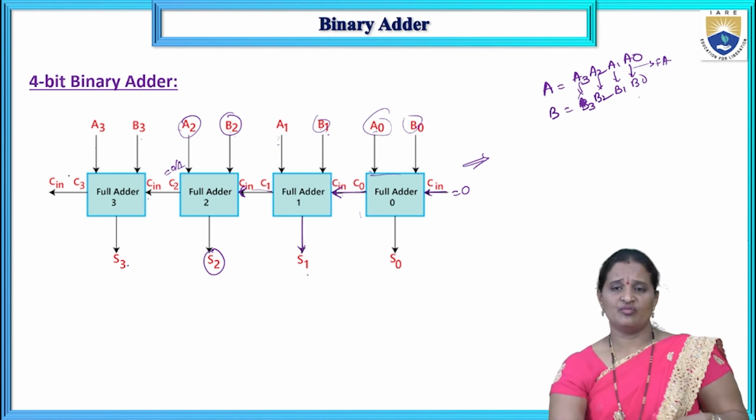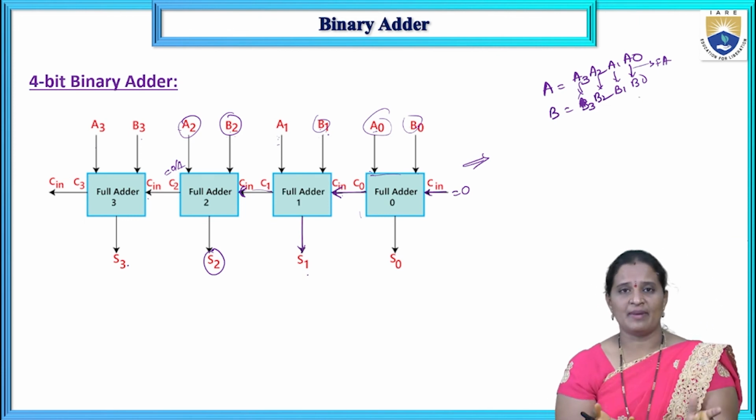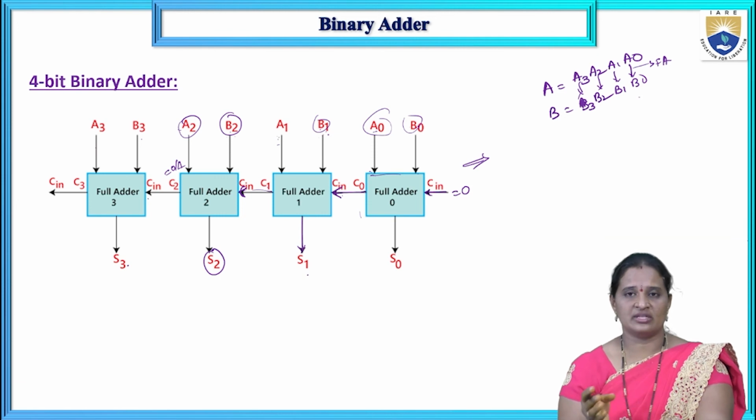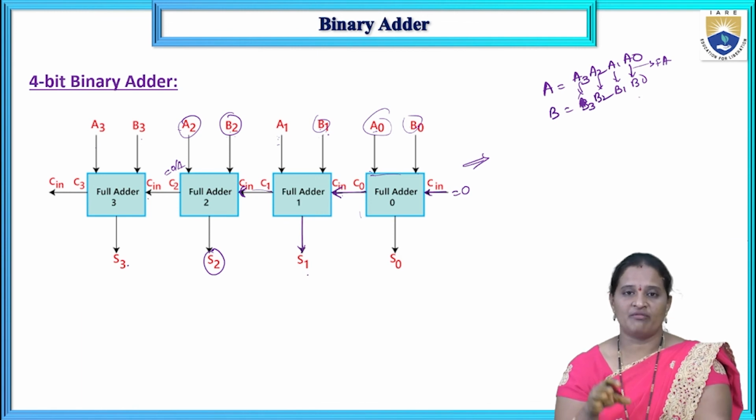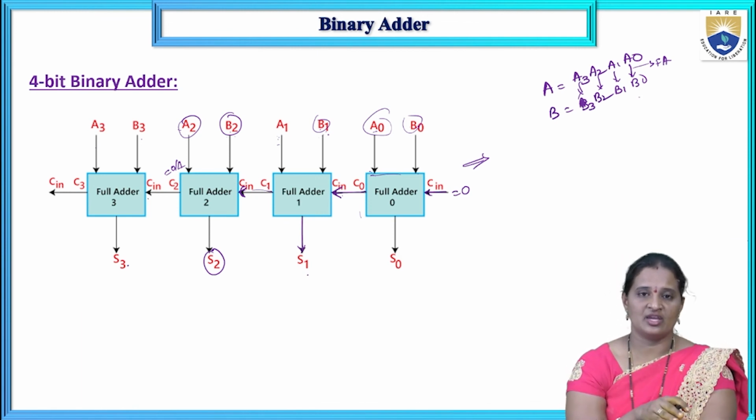So like that, we can design an n-bit parallel adder by cascading, or by just connecting n number of full adders in series, such that the carry output of the first full adder is given as the carry input to the second full adder, and so on.